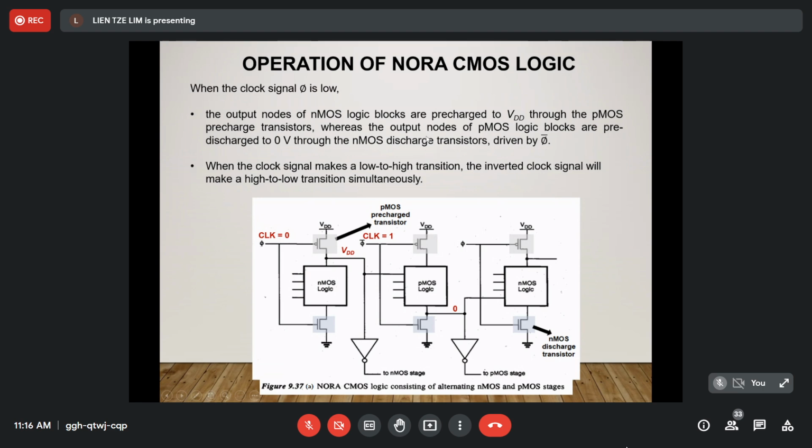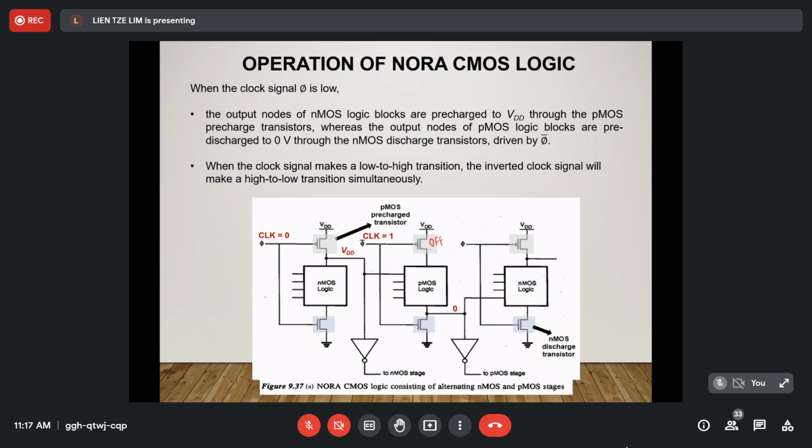So for the statements given here, you can refer to this diagram again, figure 9.37. This diagram already shows that when the clock is 0, the output here will pre-charge to VDD. And then when the clock to the PMOS for this circuit is 1, this PMOS will turn off, sorry, not turned on.